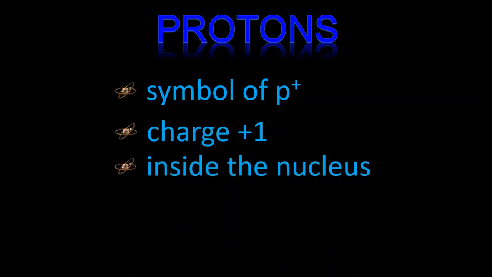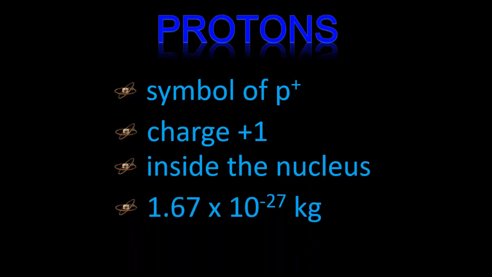A positive charge in the nucleus. Now, they're so small, their mass is 1.67 times 10 to the negative 27 kilograms. Negative 27, that's like 1.67 with about 26 zeros in front of it. It's really so small, okay?